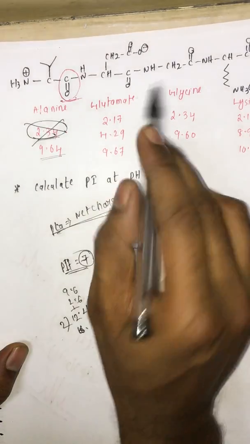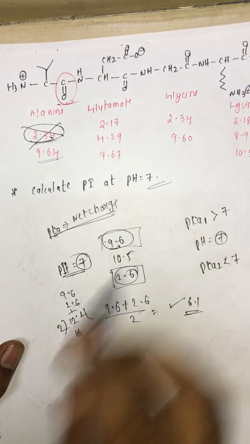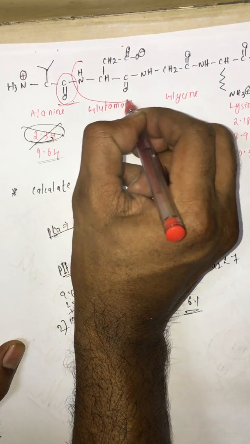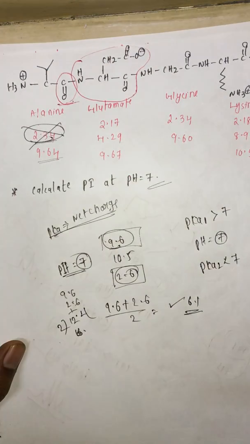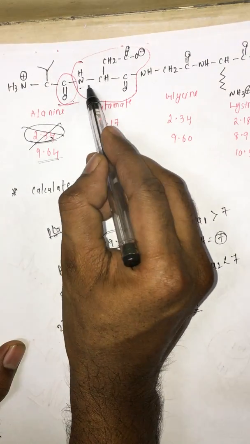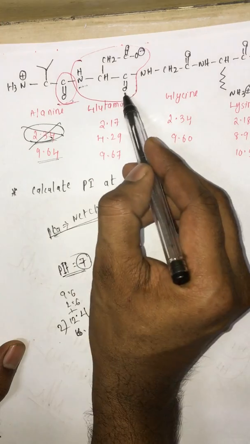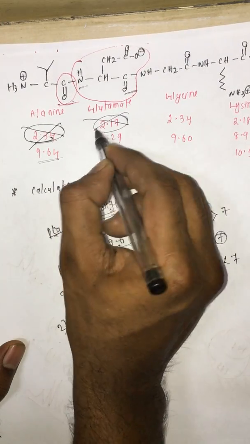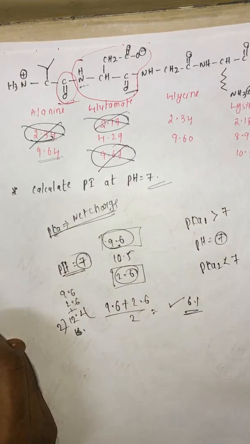Now we'll go for glutamate. Glutamate means we can take from here to here. In the glutamate we have the amine group present in the neutral form, and the carboxylic acid also present in the neutral form, so we can neglect both of these.